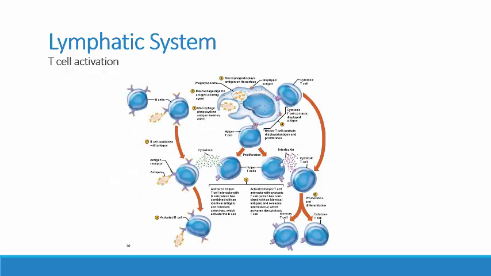So here is a schematic of how this kind of activation occurs. So here we have an antigen-presenting cell, and it phagocytizes the antigen-bearing particle, and digests away the antigens, and then it can stick these antigens out here on the surface of the cell membrane. And it places them out there near the major histocompatibility complex proteins.